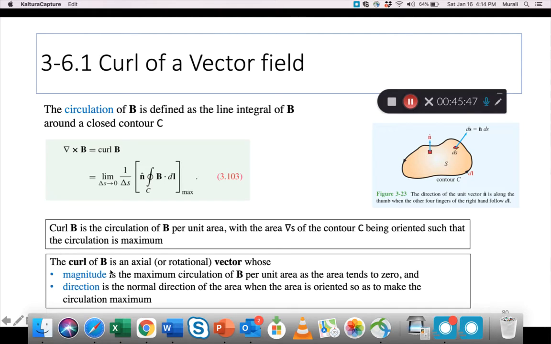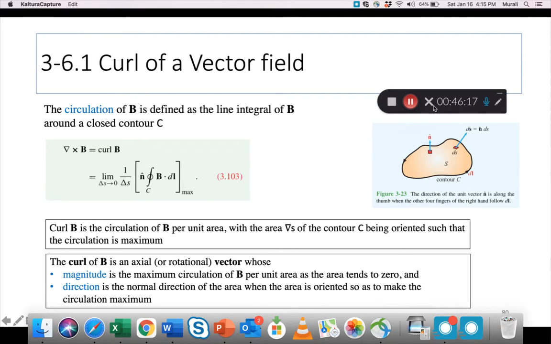The curl of B is an axial or rotational vector whose magnitude is the maximum circulation of B. Remember, circulation means going around a closed path, right? Maximum circulation of B per unit area as the area tends to 0. So that's the magnitude, and the direction is the normal direction of the area when the area is oriented so as to make the circulation maximum.